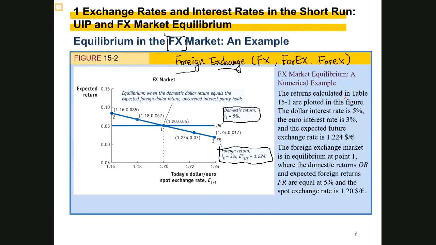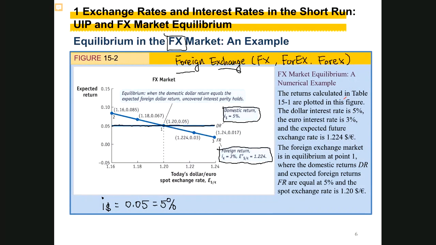Under the UIP assumption, the domestic return is always a constant. For example, if the interest rate on the dollar is 0.05, that's 5%.